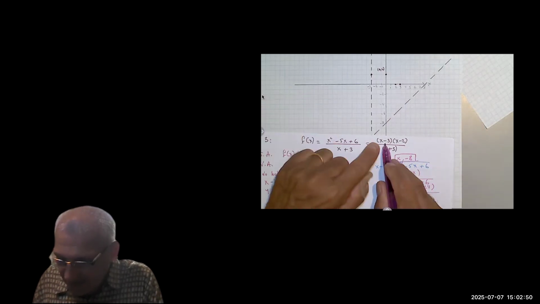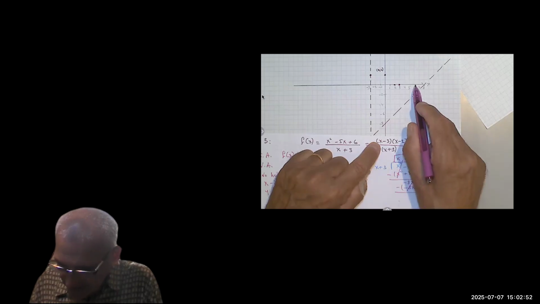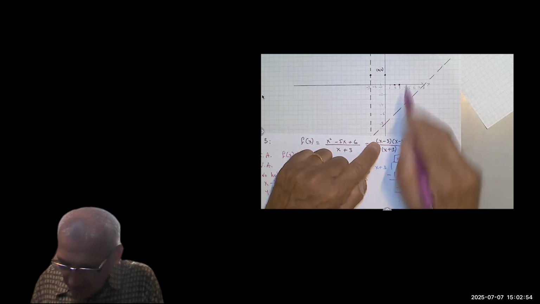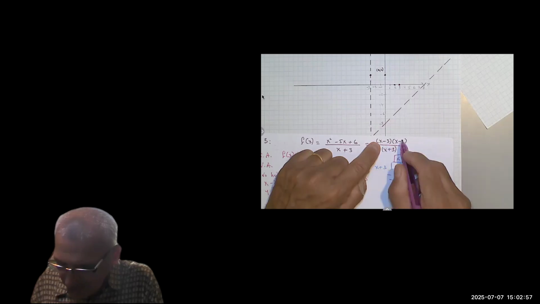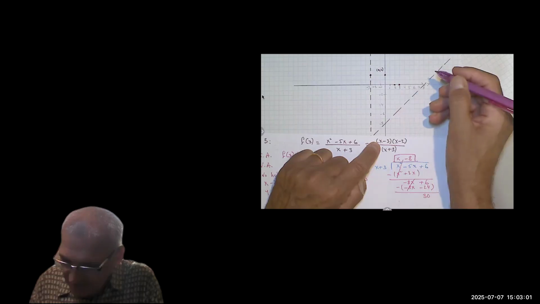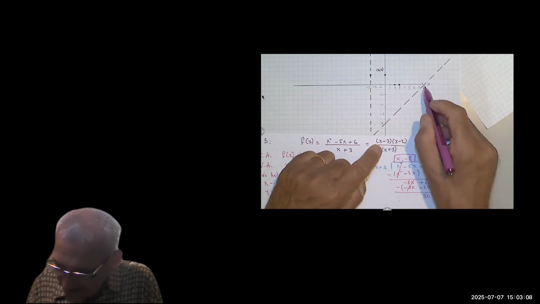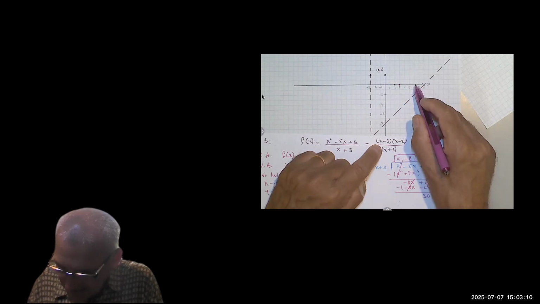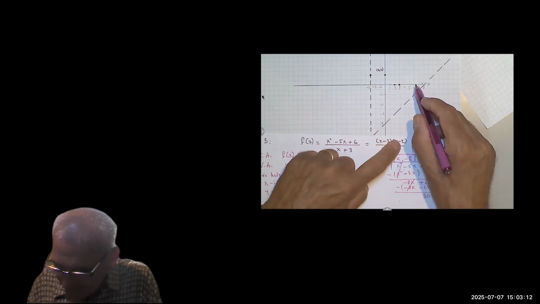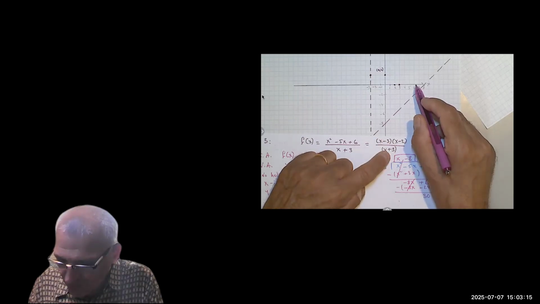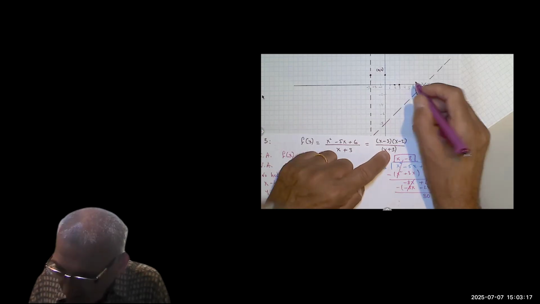If we make, say, x equals 4, that would give me 1 times 2 is 2 over 7. So it's slightly positive. Okay. Let's say at 6, 3 times 4 is 12 over 9 is 1.33.